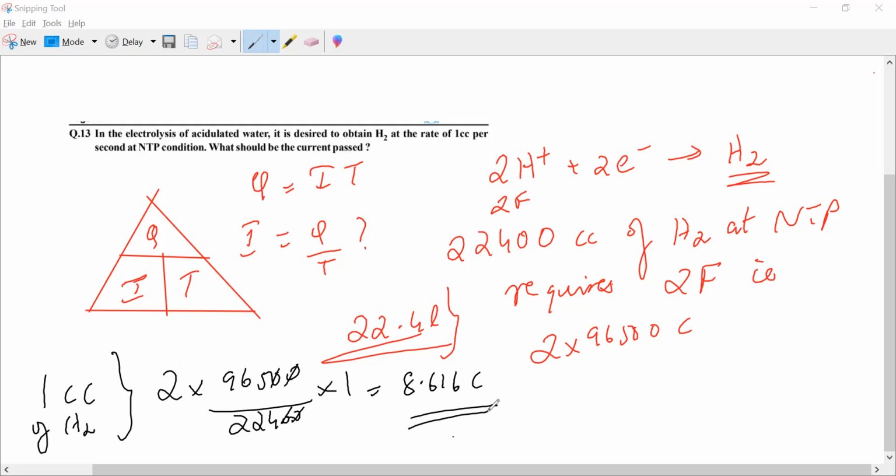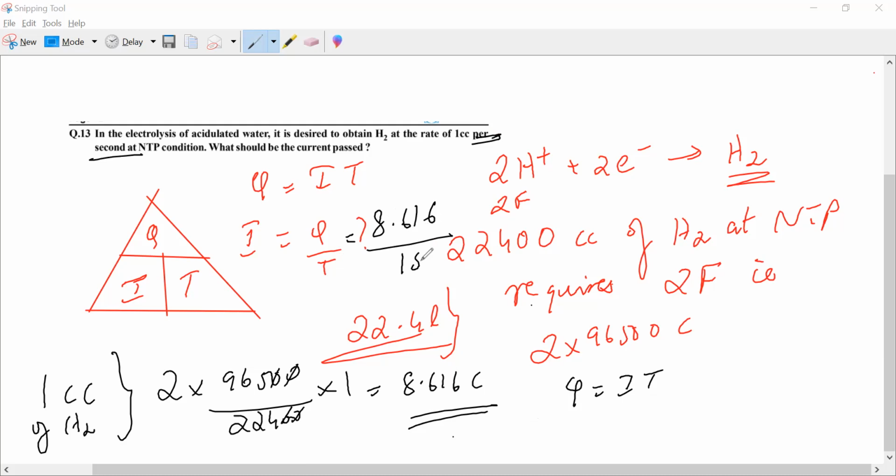Now coming to our question, what is the question? Q is equal to IT, correct? Or I is equal to Q by T. So if I put I is equal to Q by T, what is my Q value here? Coulomb, 8.616. And it is per second, in the sense 1 second. So what is the answer?